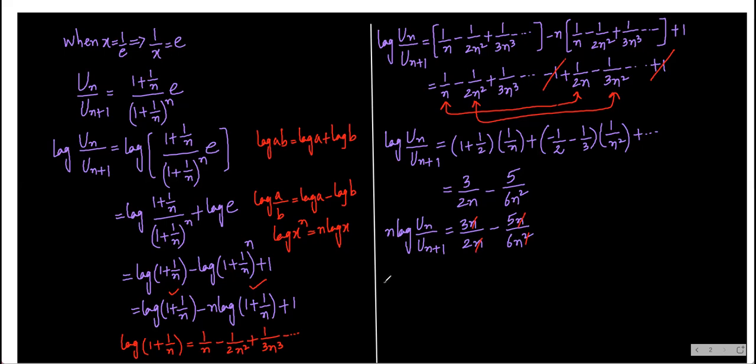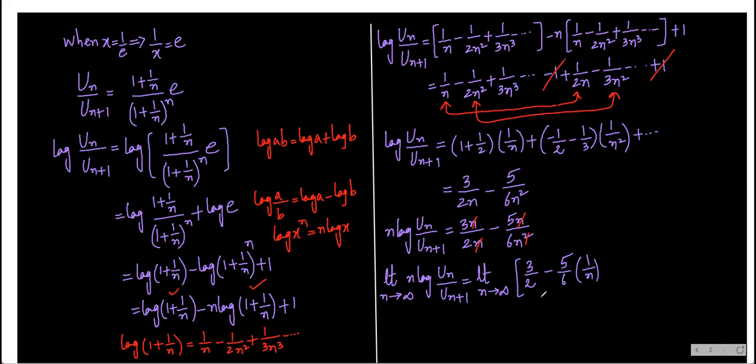Now taking limit n tends to infinity on both sides. Limit n tends to infinity of n log of un by un plus 1 equals limit n tends to infinity of 3 by 2 minus 5 by 6 into 1 by n, correct?